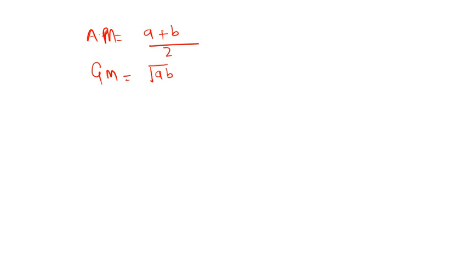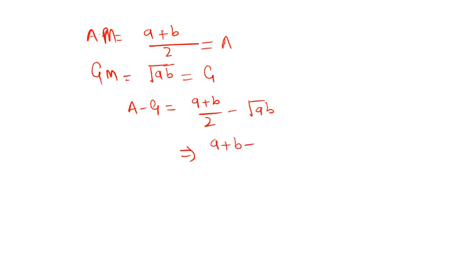Let me assume arithmetical mean as A and geometrical mean as G. If I take the difference between these two, A minus G, I will get (a plus b) by 2 minus square root of ab. If I solve it further, I will get (a plus b minus 2 square root of ab) divided by 2. So this is A minus G.